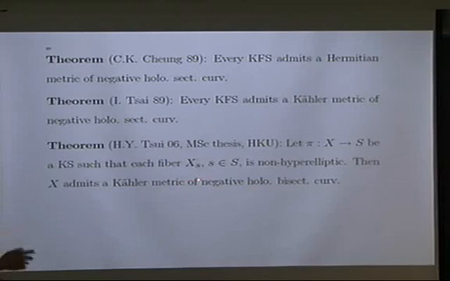Because of the moduli map from S to the moduli space of hyperelliptic curves, and the moduli space of hyperelliptic curves is, I think, affine. So if the fibration is non-trivial, the Kodaira-Spencer map is non-trivial.